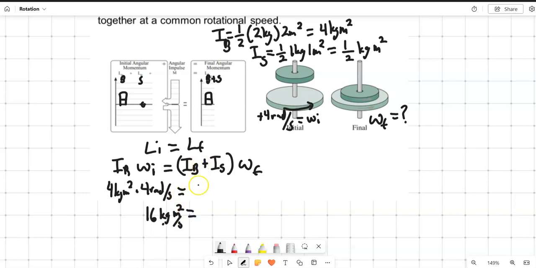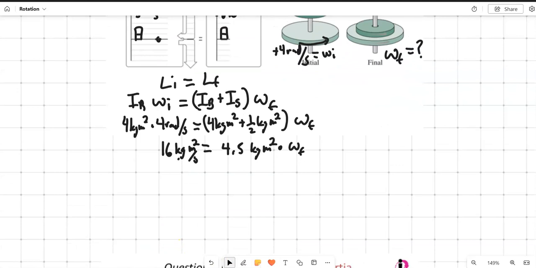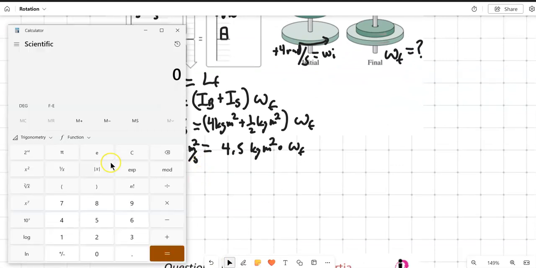On the right-hand side, this is 4 kilogram meter squared plus a half kilogram meter squared. It's just the way it worked out, times omega final. So this is going to be 4.5 kilogram meter squared times omega final. So it looks like it's going to be smaller by just a little bit different from a half.